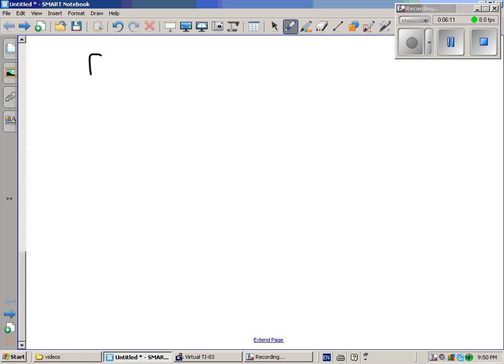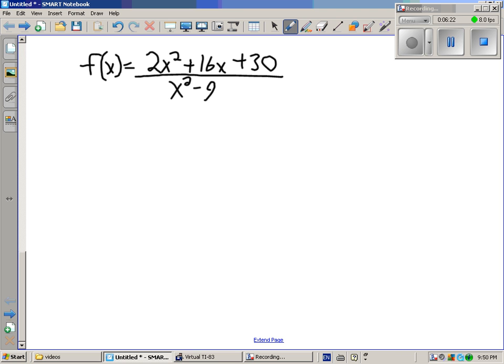Let's look at the function we just graphed. f of x is equal to 2x squared plus 16x plus 30 divided by x squared minus 9. That's the one we were just looking at with the horizontal asymptote at y is equal to 2.